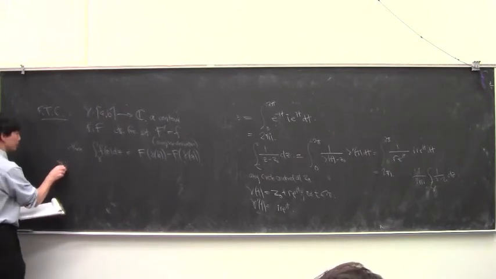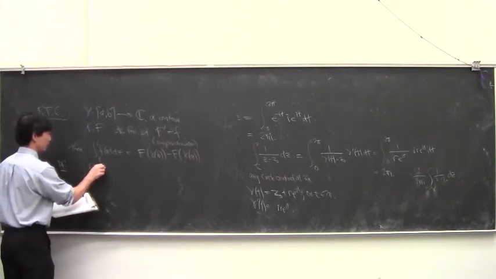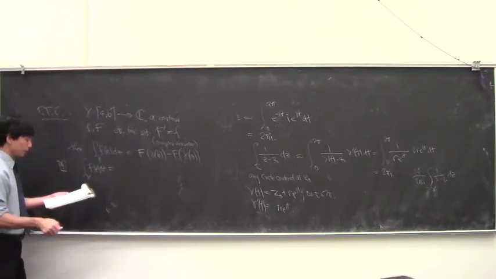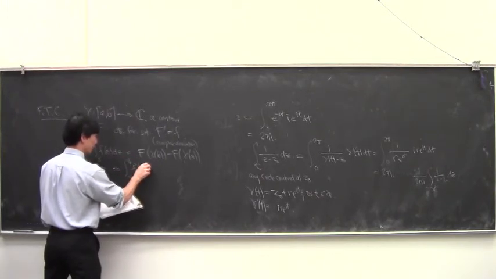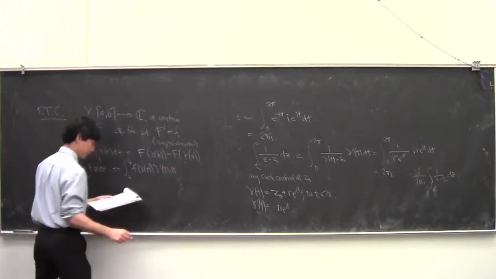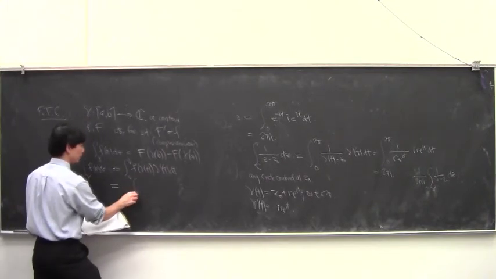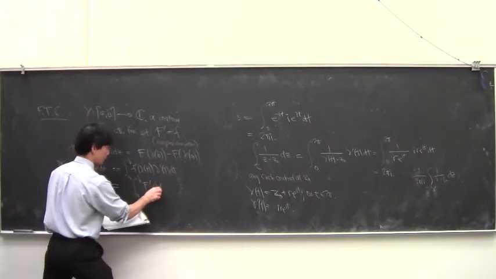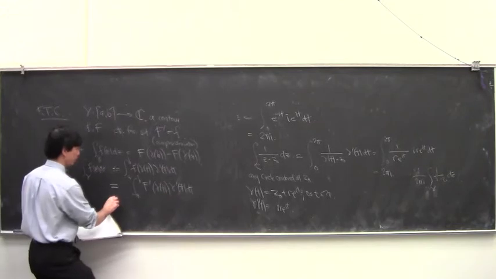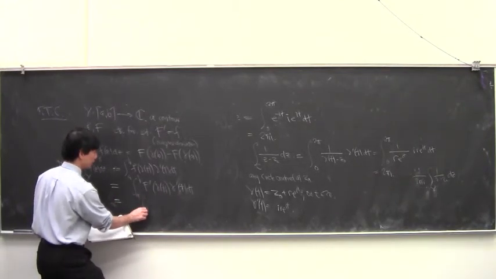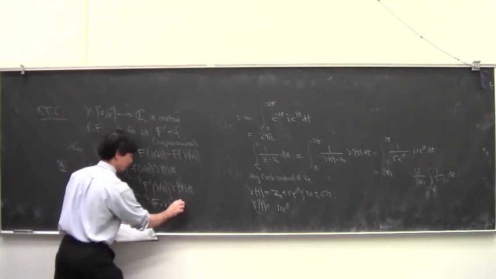And the proof is pretty simple. You'll see that, by definition, this is the integral from a to b of f of gamma t gamma prime t dt, which by hypothesis is the integral from a to b of F prime of gamma t times gamma prime t dt, which by the chain rule is F composed with gamma, prime, t dt.